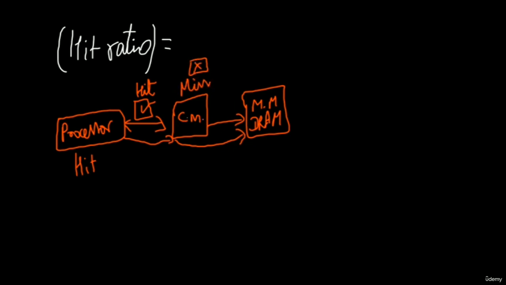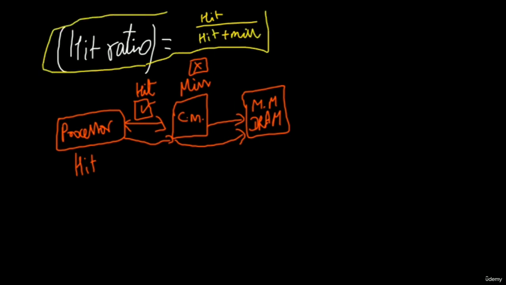Let's understand the mathematical formula for the hit ratio. The hit ratio is written as hit divided by hit plus miss. That's the whole formula: how many times you hit, how many times you miss.